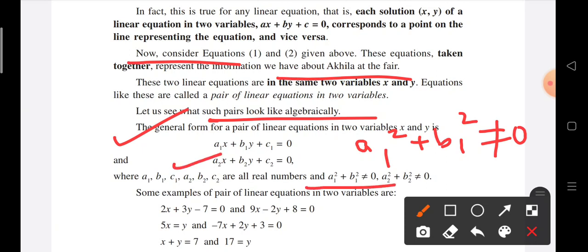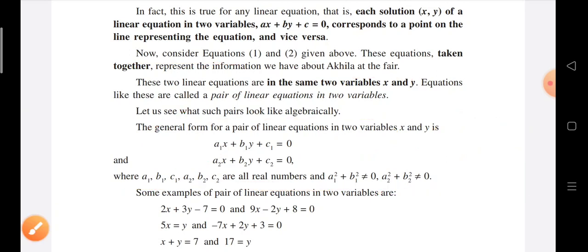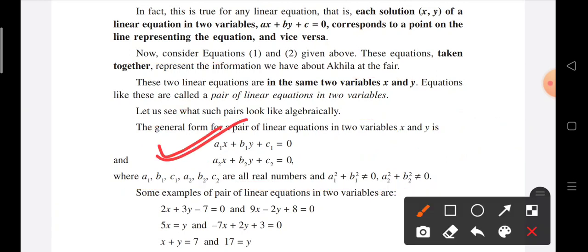Similarly, for the second equation, a2x + b2y + c2 = 0, where a2 squared + b2 squared is not equal to 0, where a1, a2, b1, b2 and c1, c2 are real numbers. Clear? So this is the general way of writing the equations.